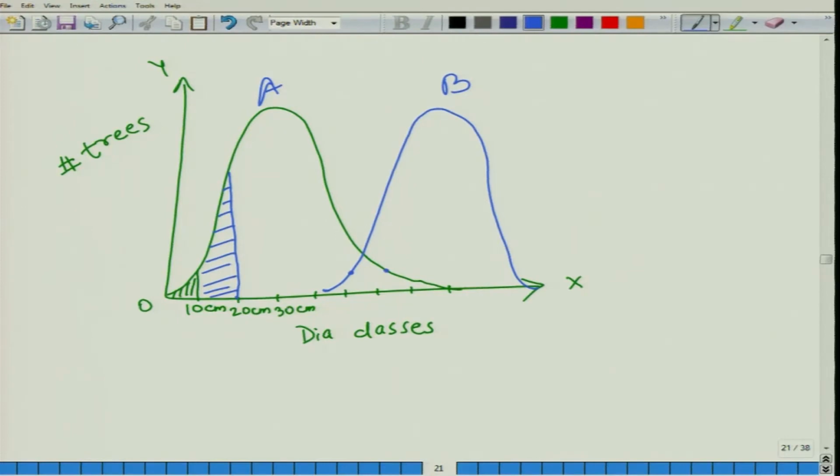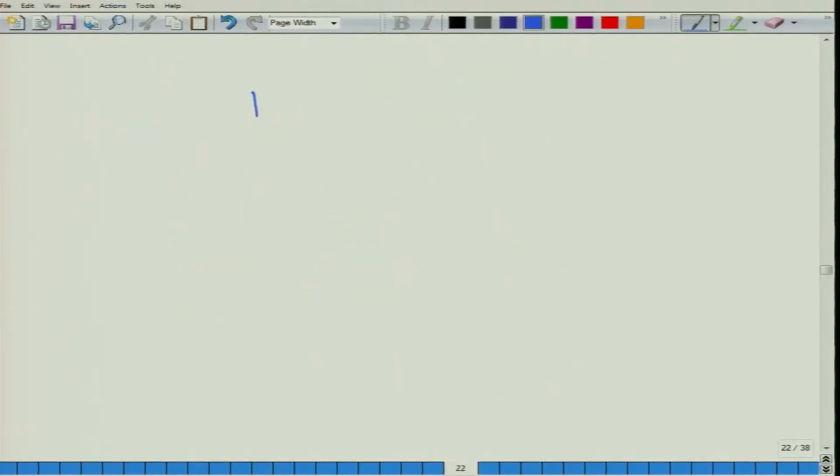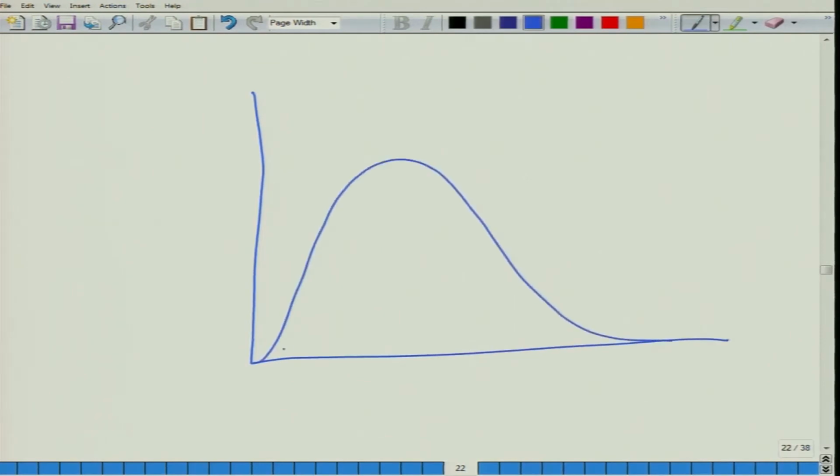But consider a point here and a point here. This point lies in distribution A and this point lies in distribution B. So, some trees in distribution A have a greater diameter than some trees in distribution B. In this example the situation is simple because both distributions are far apart, but suppose we had a distribution that went like this and another that went like this.